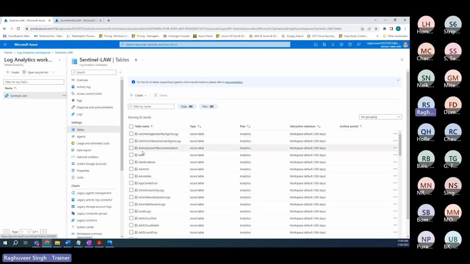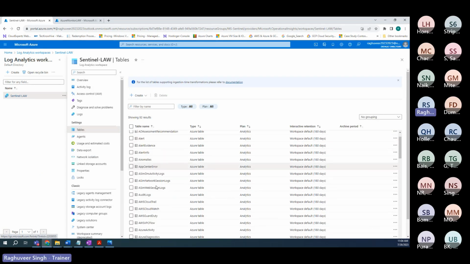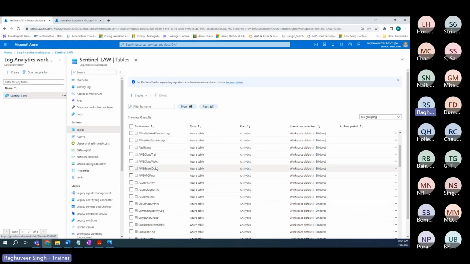You can see these are the tables in which data is kept. Now let's say this is the table, Azure Activity. On this table, the operations team needs access, and my security team also needs access. Now what will be the level of access for the security team? Admin. And what will be the level of access for the operations team? Read only.